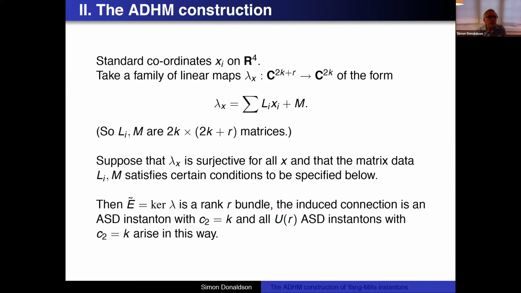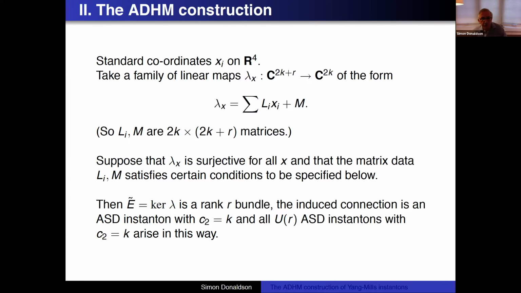Then the construction goes as follows. At each point x, we take the kernel of lambda x. Because lambda x is surjective, this is an r-dimensional vector space, and as x moves over R4, it defines a rank r vector bundle over R4.